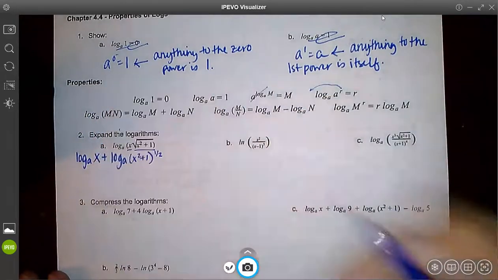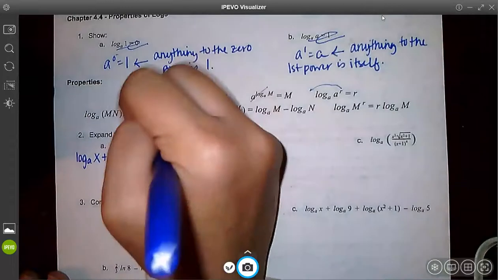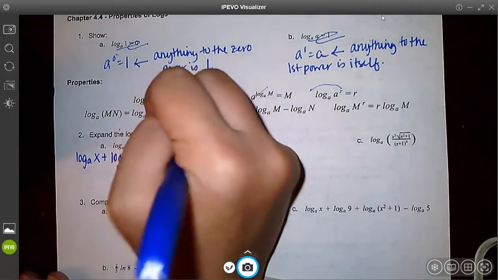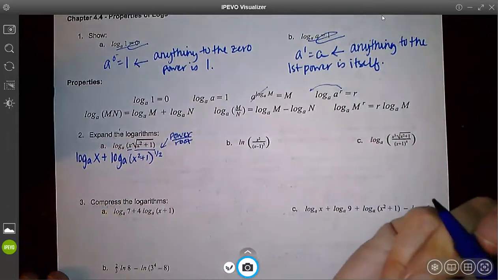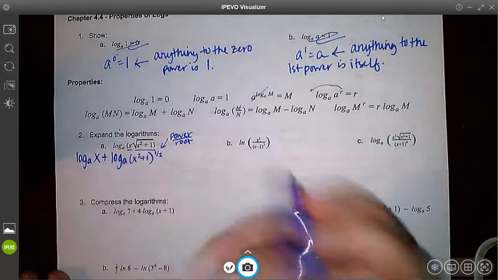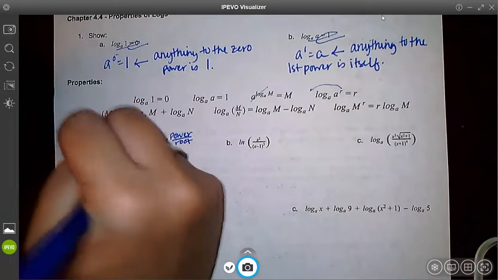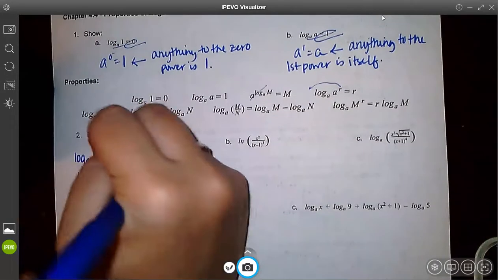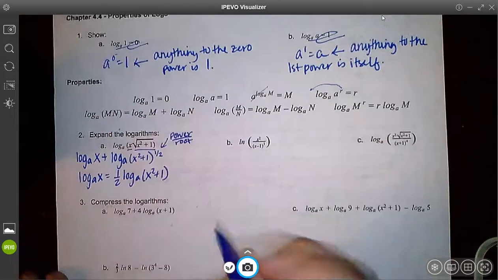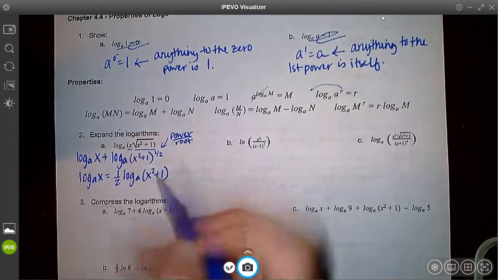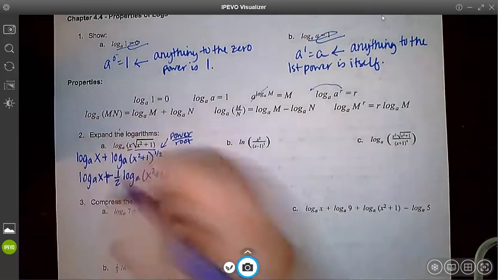So since it's a square root, it's 1/2. Then I can take the power rule and pull that 1/2 out front of that log. So I have log base A of x plus 1/2 log base A of x squared plus 1. I can't go any further because this is addition. That stays the way it is.